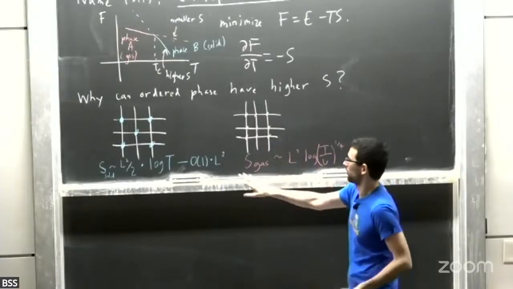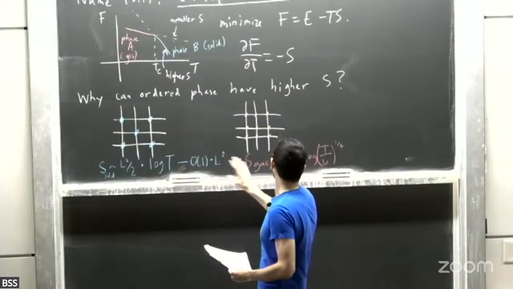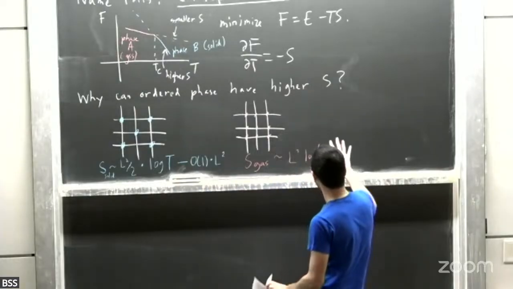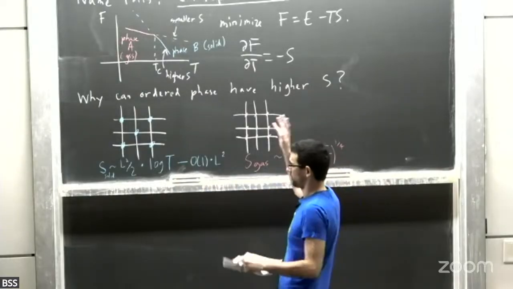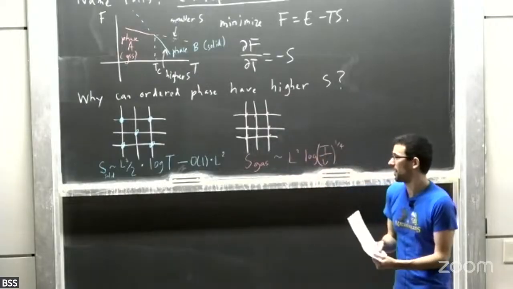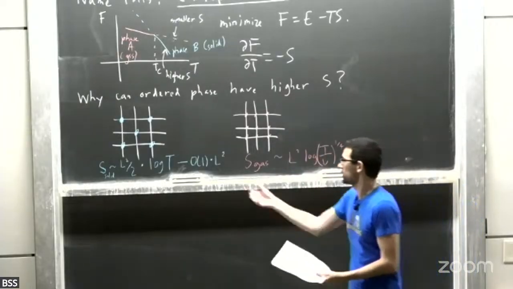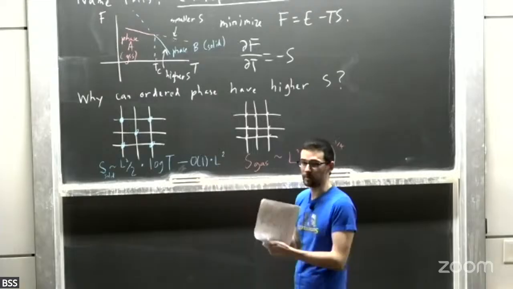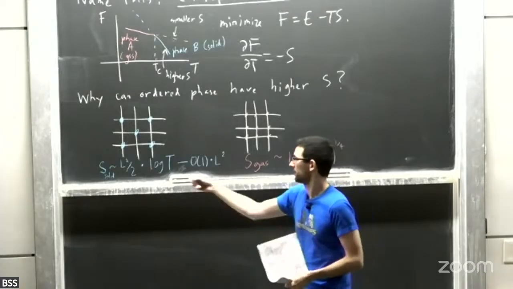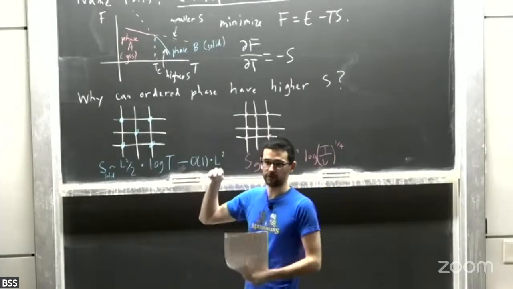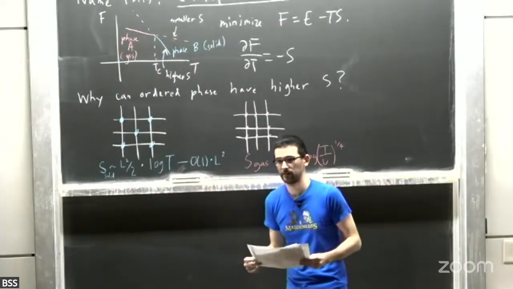This is a very hand-wavy argument, but the point I want to make is that because the number of fluctuations is unbounded in this model, as we get to higher and higher temperature, we're always willing to pay the entropic price for ordering by gaining a bigger number of fluctuations in the ordered phase.